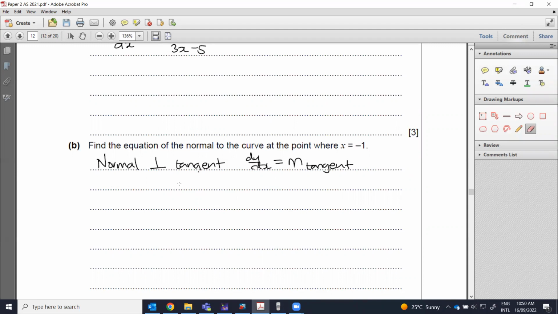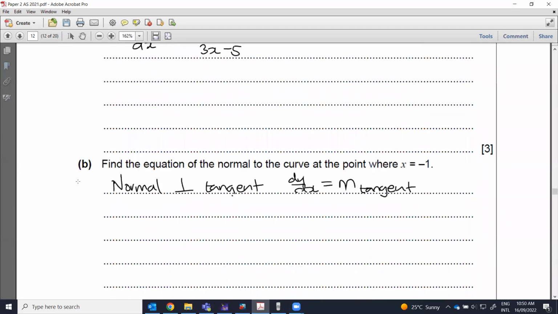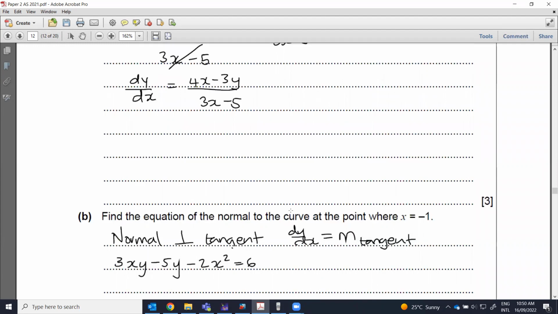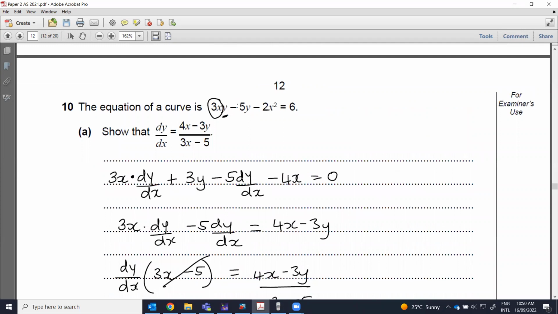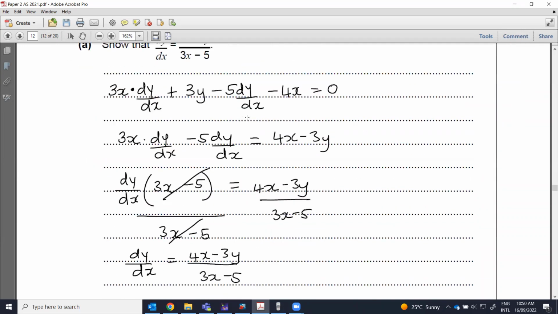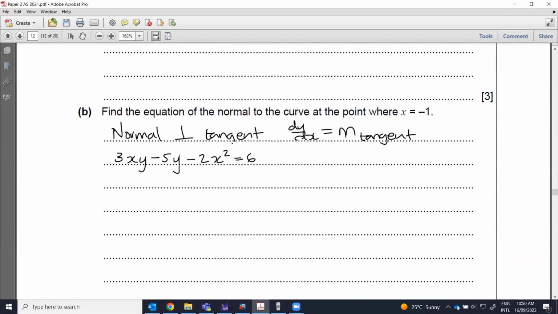Okay, so the equation of the curve, rather, not a line, was 3xy minus 5y minus 2x squared is equal to 6. So I'm going to substitute x is equal to -1 here and then solve for y.